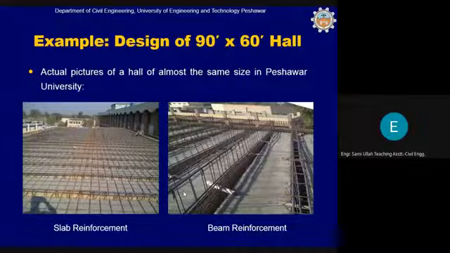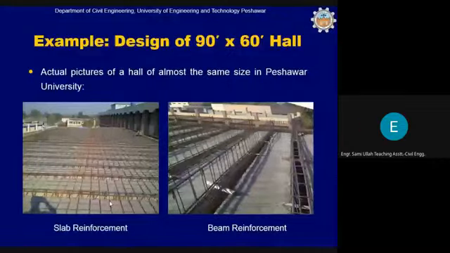So you can see that some part of the beam is integral with the slab. This part of the beam, which is around 5 or 6 inch depending on the thickness of the slab, is within the slab, so this part of the beam is cast with the slab. These are negative reinforcement, curtailed at some ends.